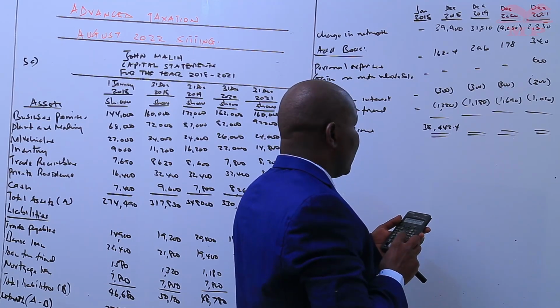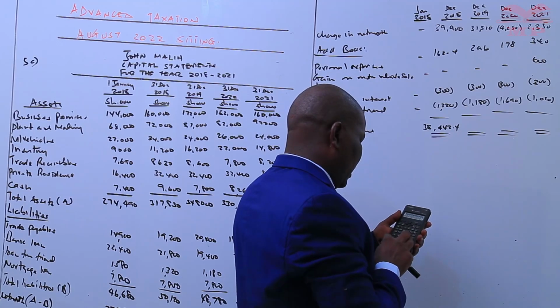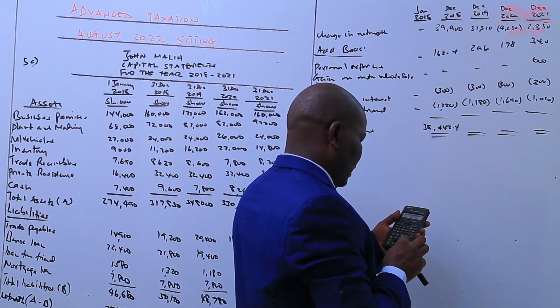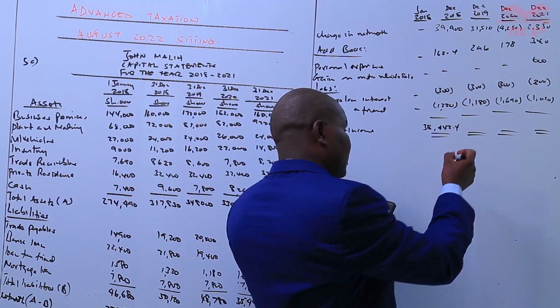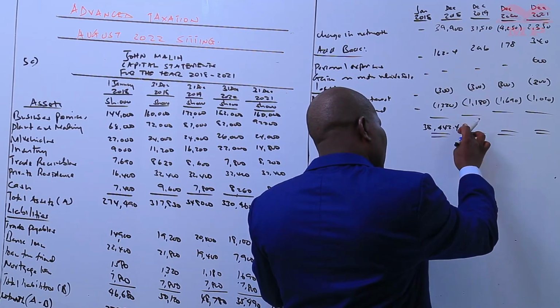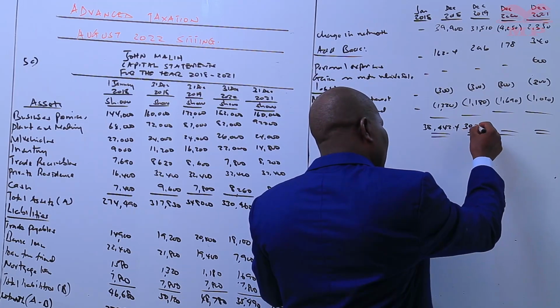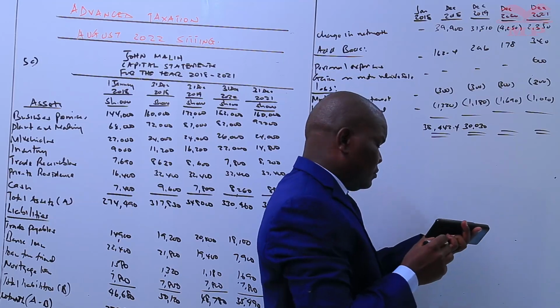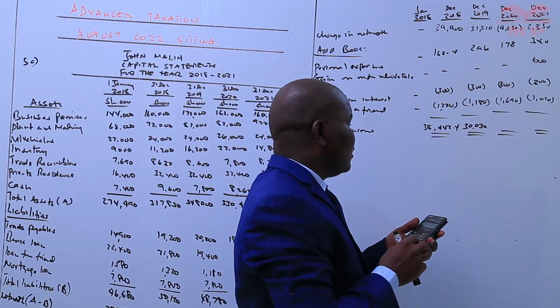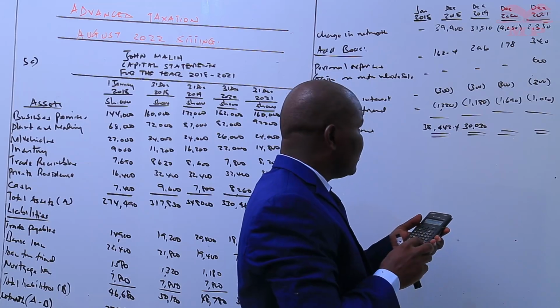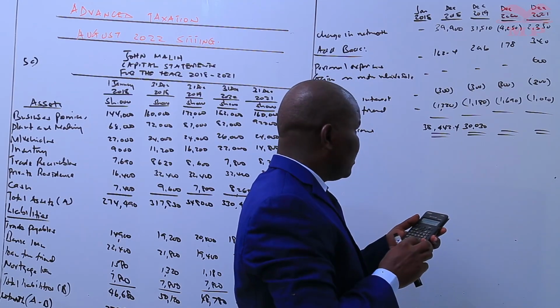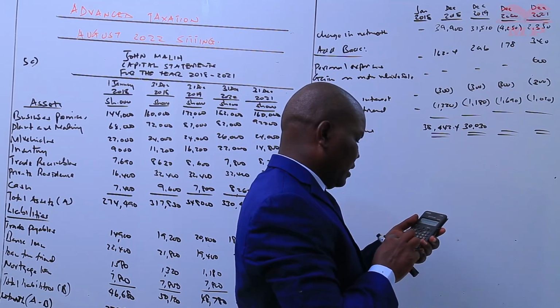2019, I have 31,510 less 300 less 1180. I get 30,030. 2020, we have negative 4250, we less 300, less 1690.